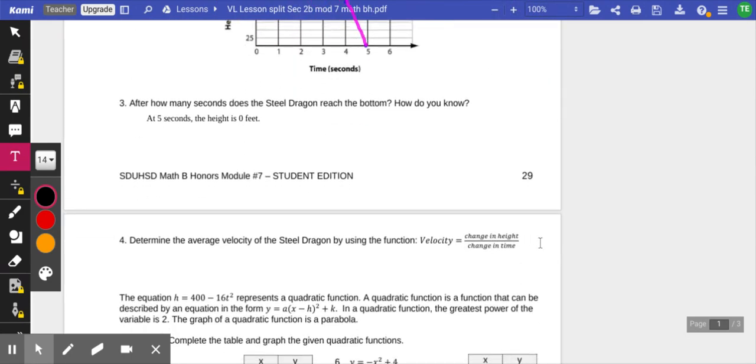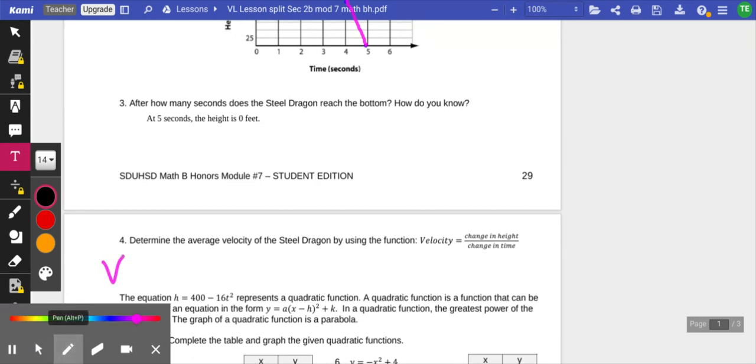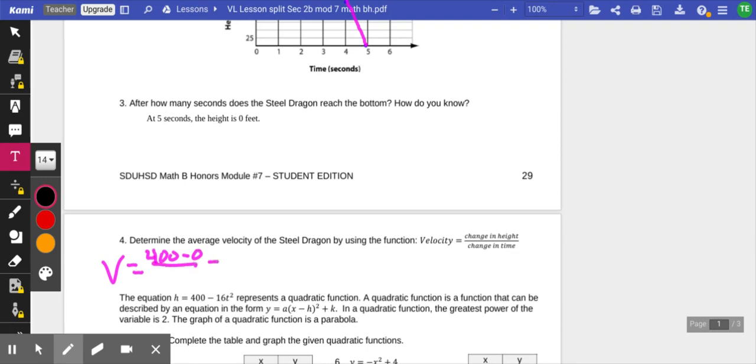So our change in height is negative 400 because we took our final height, 0, minus our initial height, 400, and when we subtract that, we get negative 400. Our time, we went from 0 to 5 seconds. It's okay that we have a negative. It's good because we're going down. If it was positive, we'd be going up. So here we get negative 80.